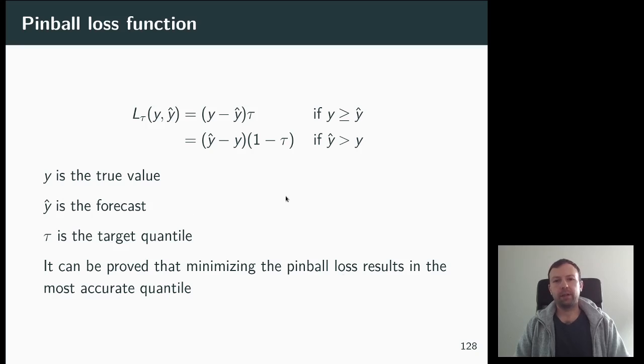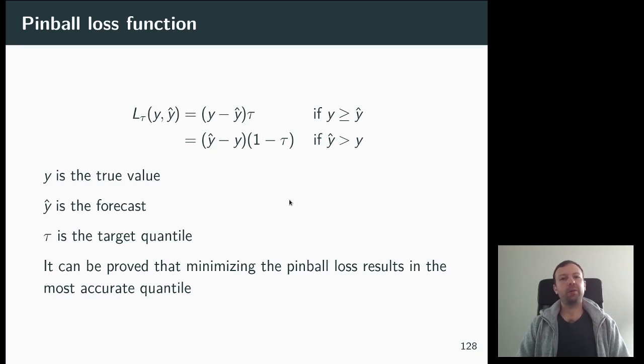Just to go a bit deeper into this, the pinball loss function, what is it actually? You see here, y is the true value, y hat is the forecast, tau is your target quantile, and now basically you penalize the forecasts differently whether you over forecast or under forecast.